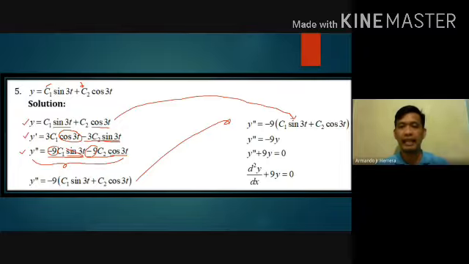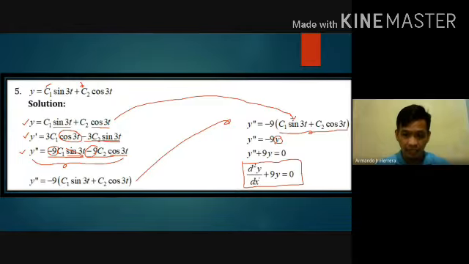So I can replace this entire factor by y, since that is equal to y. So giving you y double prime is equal to negative 9y. Y double prime plus 9y is equal to 0 by transposing this negative 9y on the left side of the equation. Or second derivative of y with respect to x plus 9y is equal to 0. So there should be a 2 there. So sorry for that.